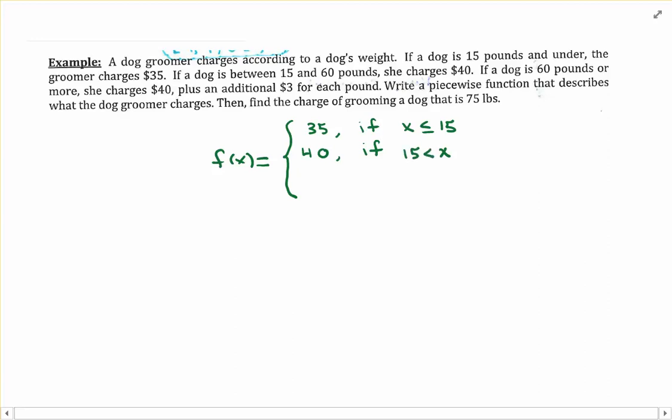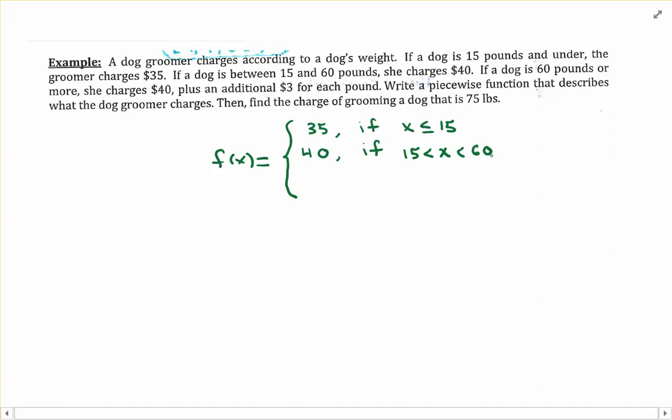But I'm not going to use a bar underneath the inequality symbol here because x equals 15 is being used in rule 1. And we don't want to use the x value of 15 for two different rules, otherwise it's no longer a function. On the higher end of the conditions on x for a $40 charge, we have 60. So I'm going to say that x is also less than 60.